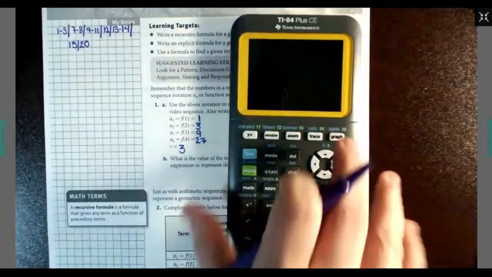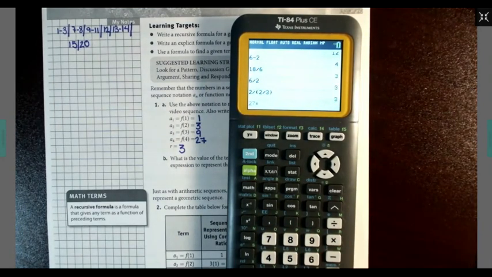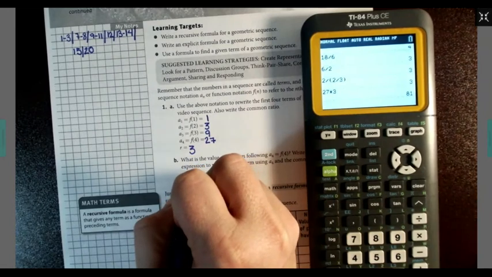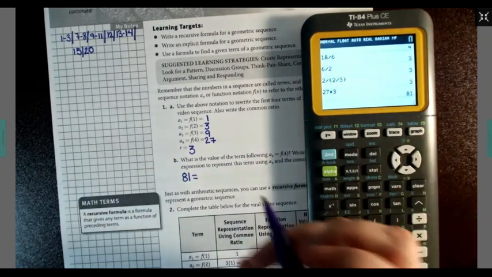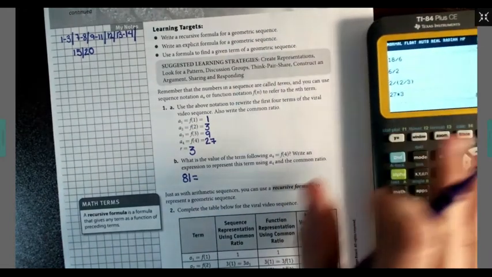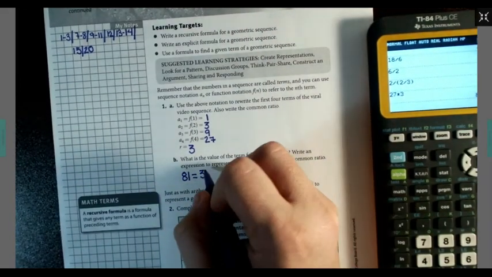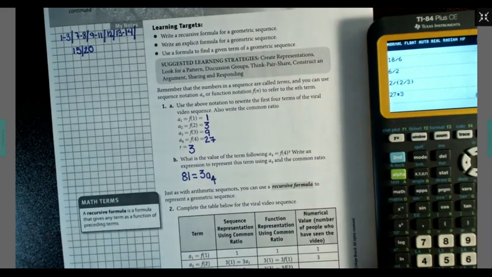So I'm going to do that in my calculator. 27 times 3, that gives me 81. And I'm going to use my common ratio. This was equal to 3, which is my common ratio, times the 4th term, a sub 4.